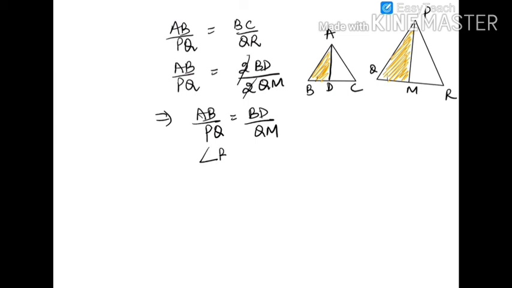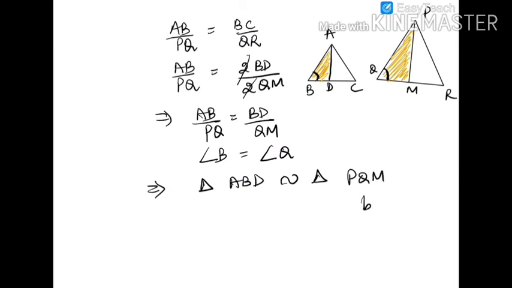And we have already shown angle B is equal to angle Q. So locate these ratios in the figure. AB upon PQ is equal to BD upon QM. And the angle contained between these two proportional sides are also equal. So we can say that these two triangles are similar by side angle side. Triangle ABD is similar to triangle PQM by SAS.